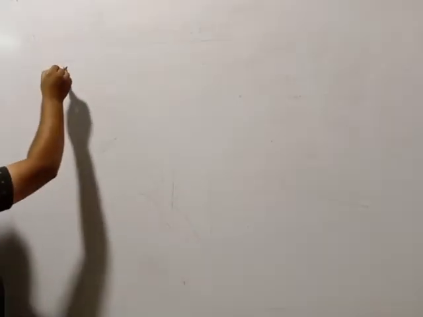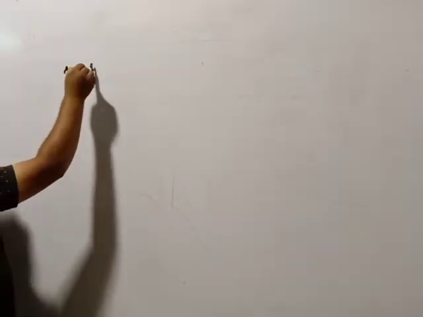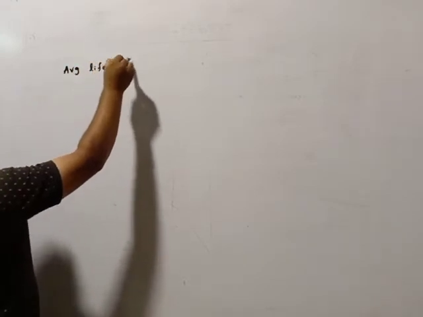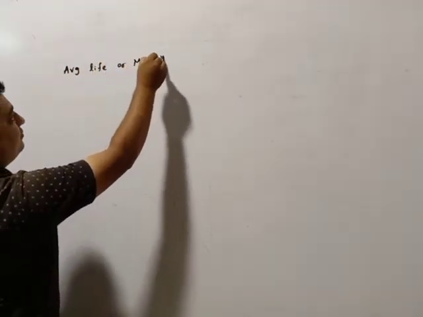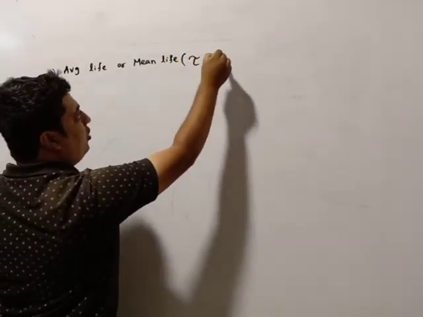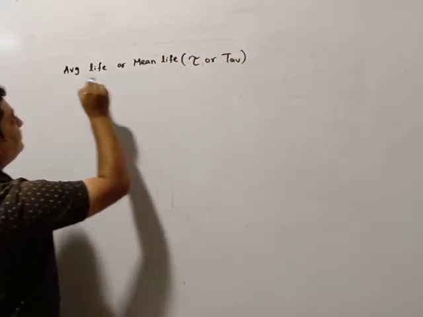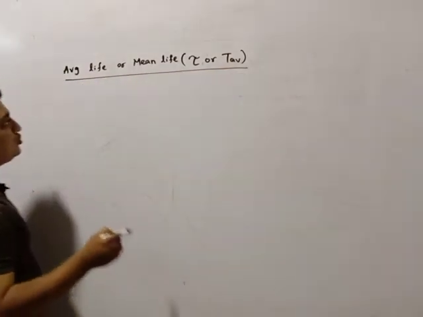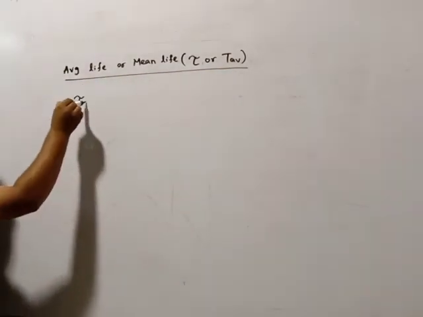Next, we will go for average life or mean life, that is tau or T average. So, what is average life?